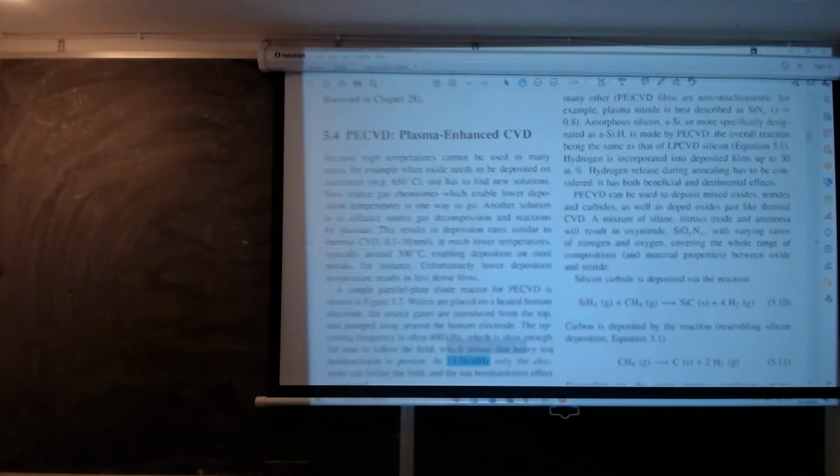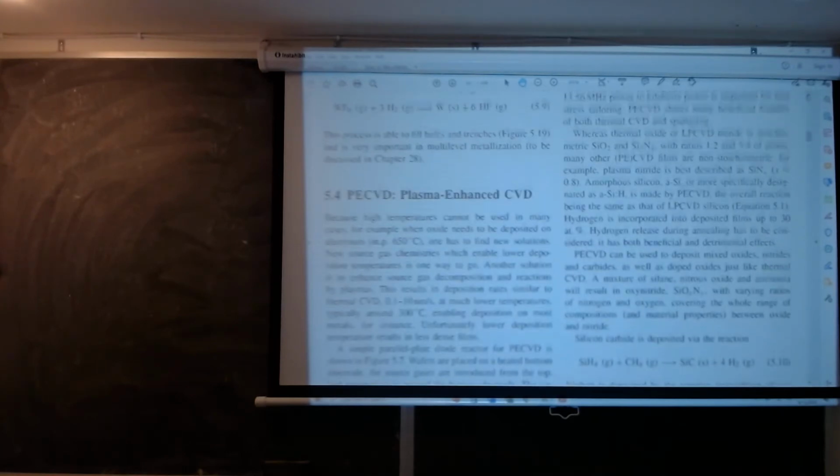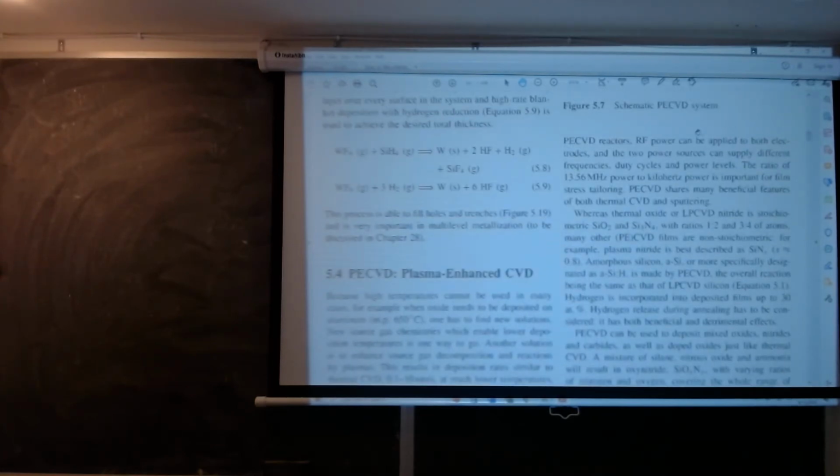Usually around 13 megahertz is used to heat up the plasma using RF power. And so there's all kinds of recipes, and in the clean room video, he goes through the settings, the RF power and various other settings to do this.